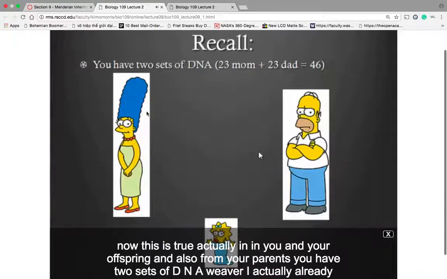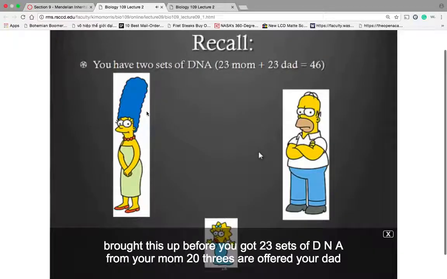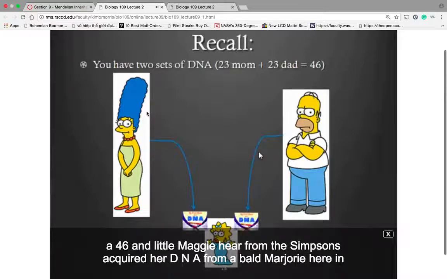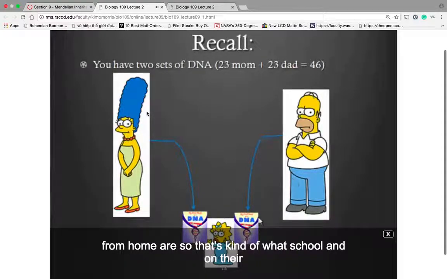Now, this is true actually in you and your offspring, and also from your parents. You have 2 sets of DNA. We've actually already brought this up before. You got 23 sets of DNA from your mom, 23 from your dad, and that's where you got your total of 46. And little Maggie here from The Simpsons acquired her DNA from Marge over here and from Homer.